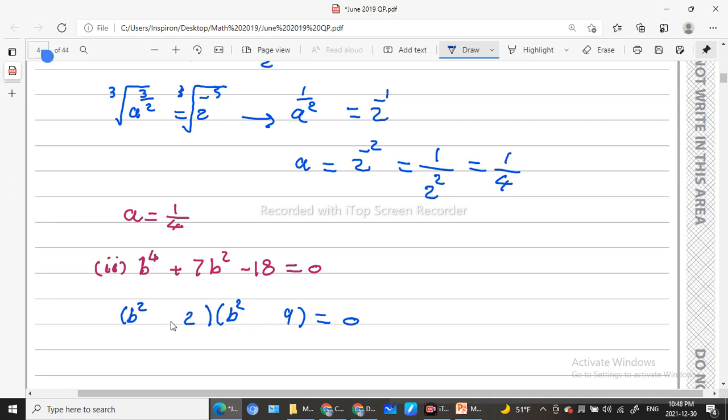One is positive and the other is negative. The greater one, that is the 9, its sign is similar to the sign of the middle term. So 9 is positive and 2 is negative.